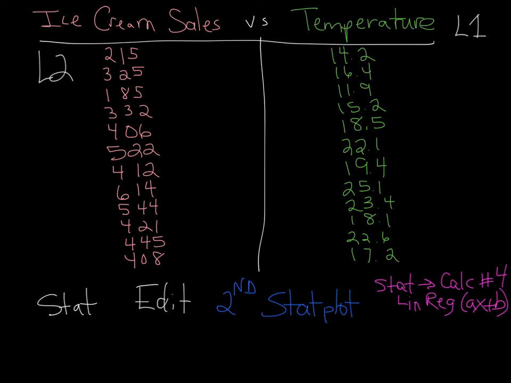And depending on your calculator, it may just give you your A and your B term, and then it tells you y equals AX plus B. So you would literally type that in, y equals whatever the A value is with X attached to it, plus whatever the B value is. And that would be your line of best fit, or your equation of that line.